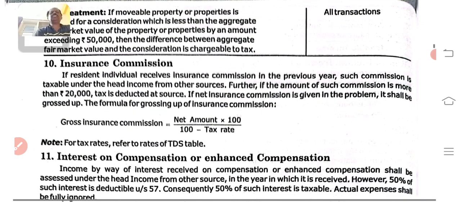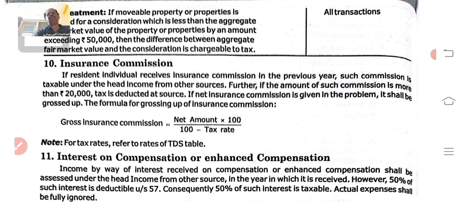Next one, insurance commission. If resident individuals receive insurance commission in the previous year, such commission is taxable under the head income from other sources. Further, if the amount of such commission is more than rupees 20,000, tax is deducted at source.